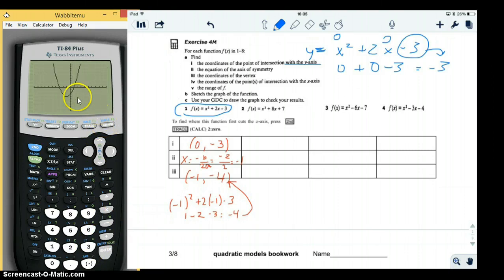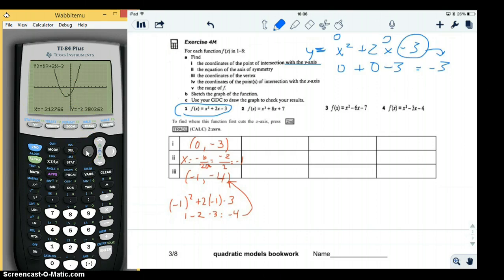And they want to know what the y-axis intercept is. It's right there, as we can see. Now to see this, the easiest way to do it is do trace. And we push trace and it's pointed right at it.